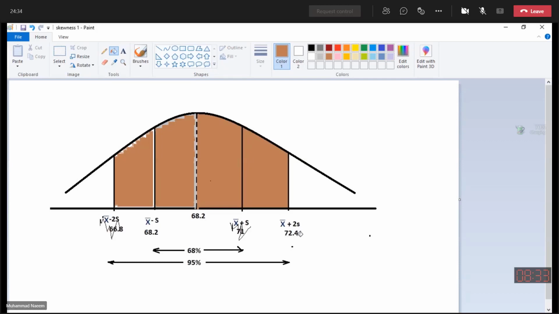But we are given these limits in our question. So we actually need the percentage of the data falling in this range.